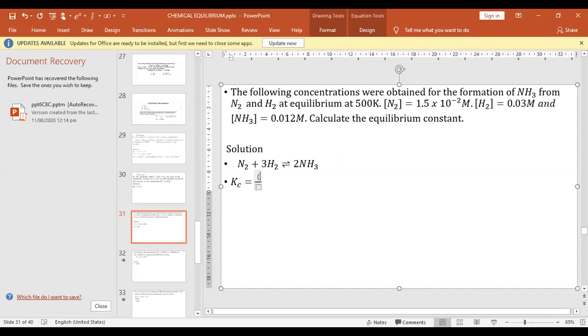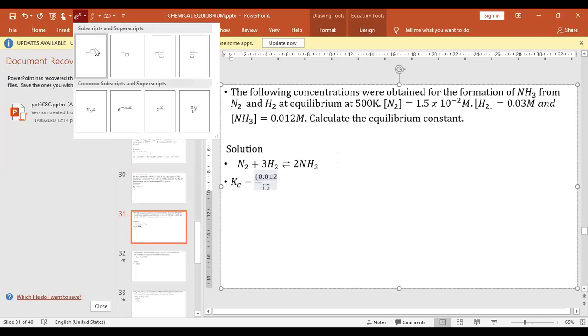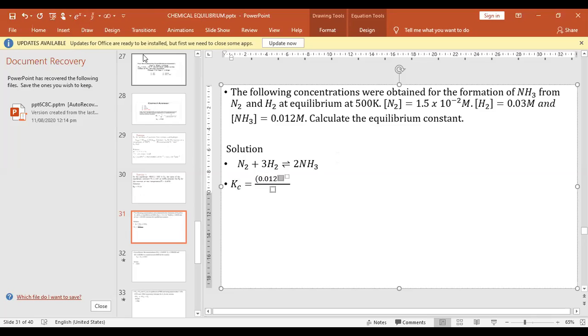Yes. So we have 0.012, and we are raising this to the power 2 because there are 2 moles there. Then all this over the concentration of the reactants.